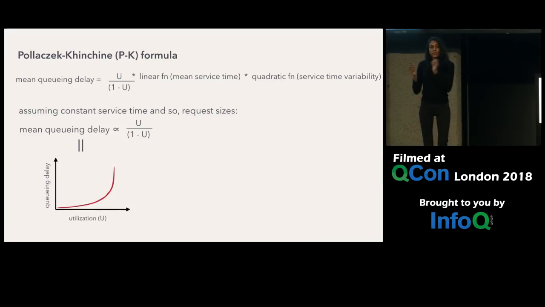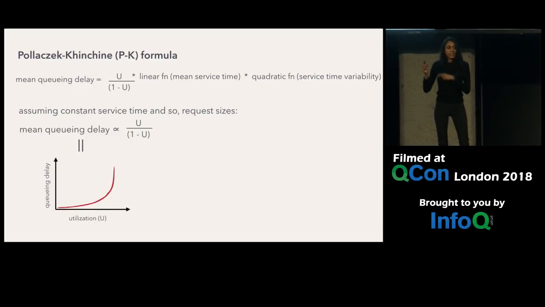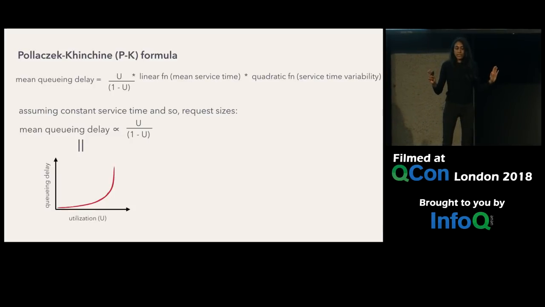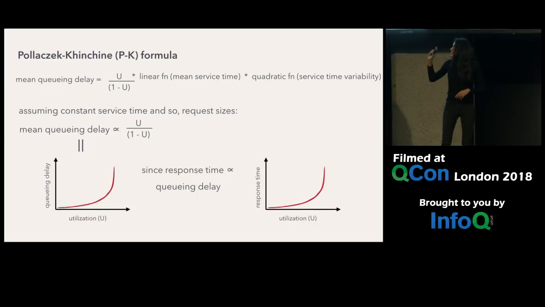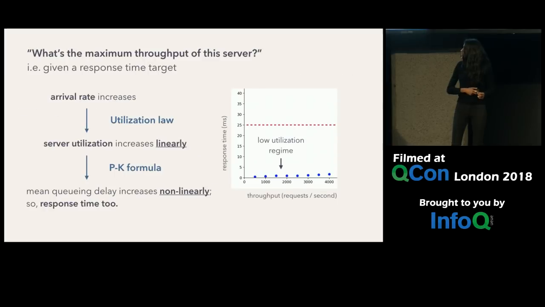Now, because the response time is the queuing delay plus the service time, which is constant in our model, response time is directly proportional to queuing delay. So what this means is that the response time utilization graph is the infamous hockey stick that we're all probably familiar with. All right, so back to our question.